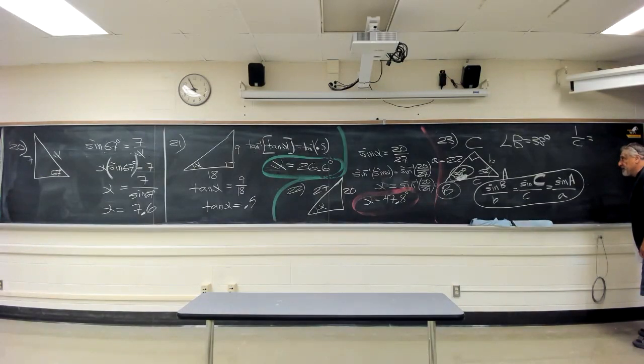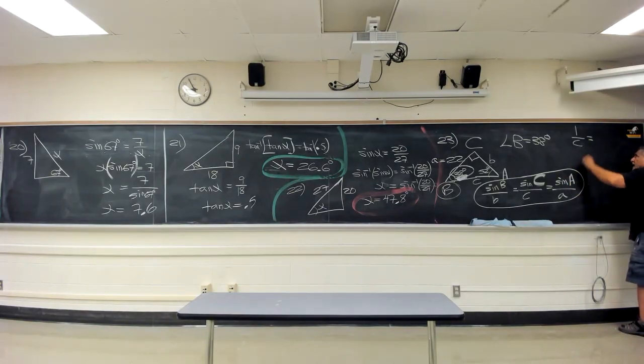I mean, we can use the sine of 52 degrees over 22, so we'll use this guy. If two things are equal, the reciprocals are equal, so you got this.